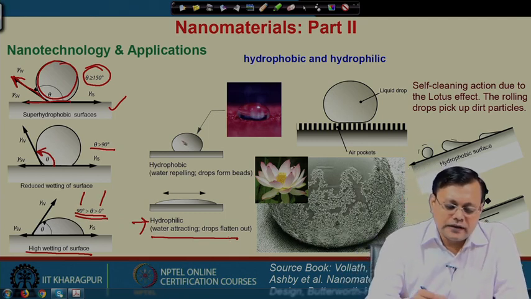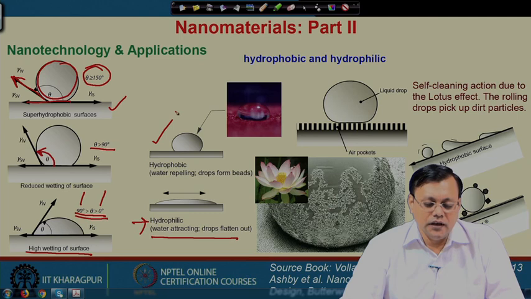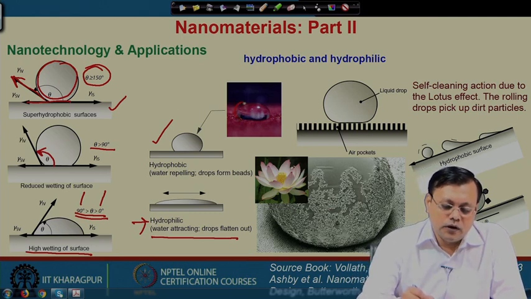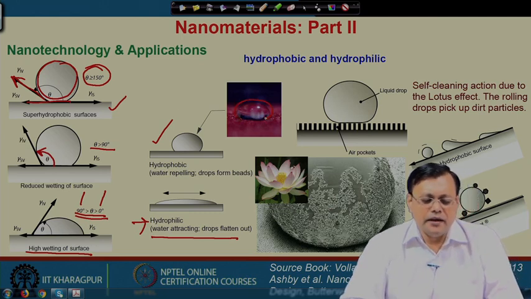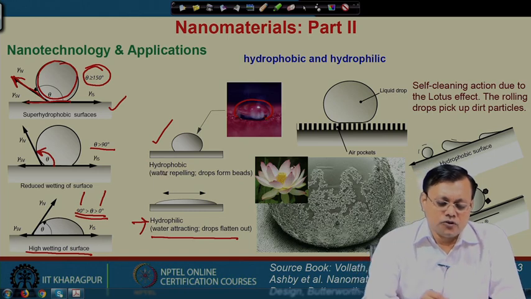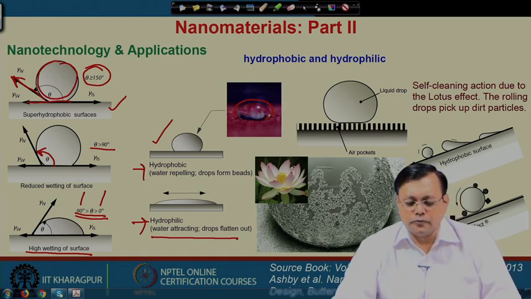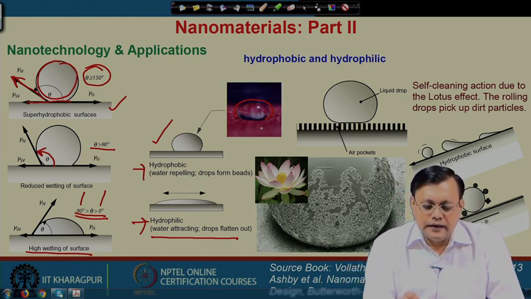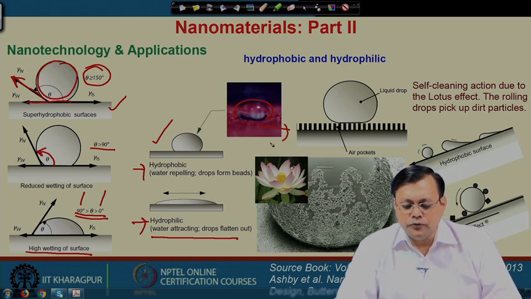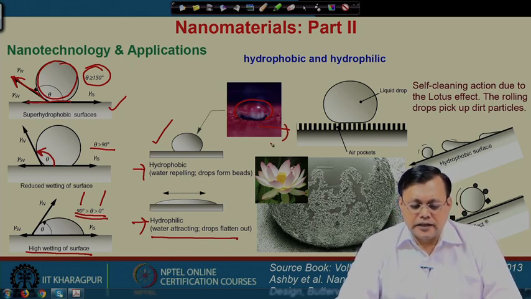If we look at such hydrophobicity, you can see the water droplet appears in such a way, even though it is not super hydrophobic, this is a normal hydrophobic surface. And on a more nanoscale, how is this hydrophobicity achieved on a surface?